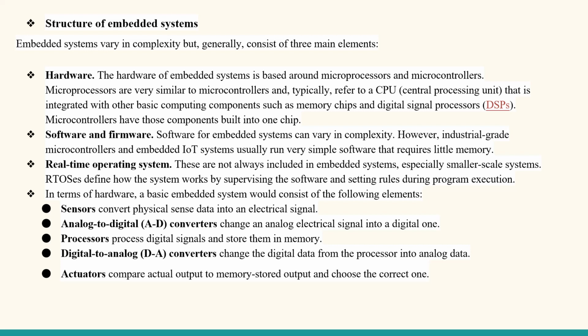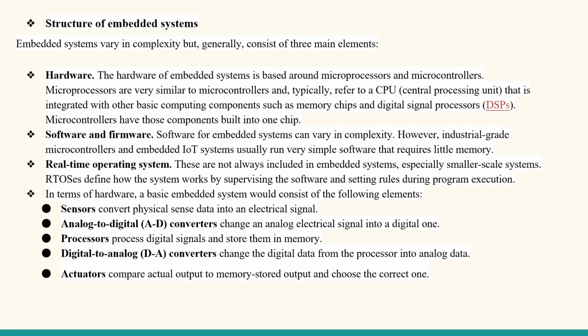Second is software. Software for embedded systems can vary in complexity. However, industrial grade microcontrollers and embedded IoT systems usually run very simple software that requires little memory. Third is the real-time operating system. These are not always included in embedded systems, especially smaller scale systems.